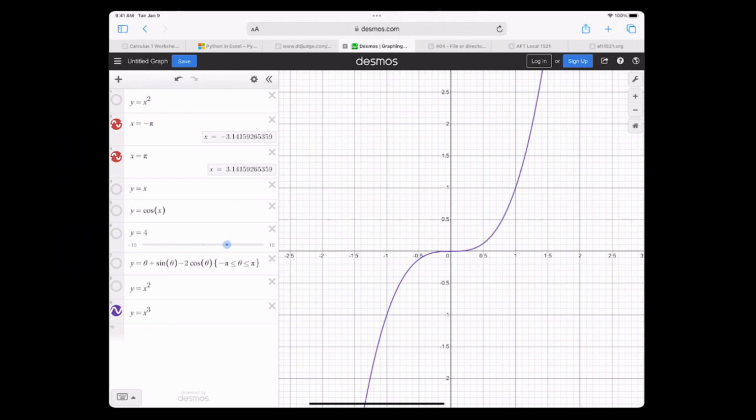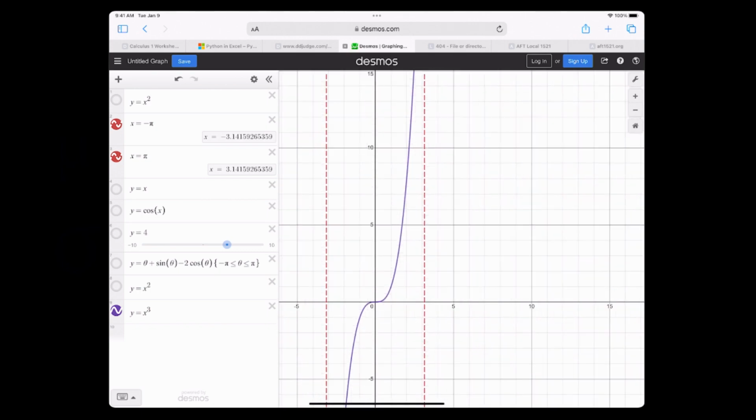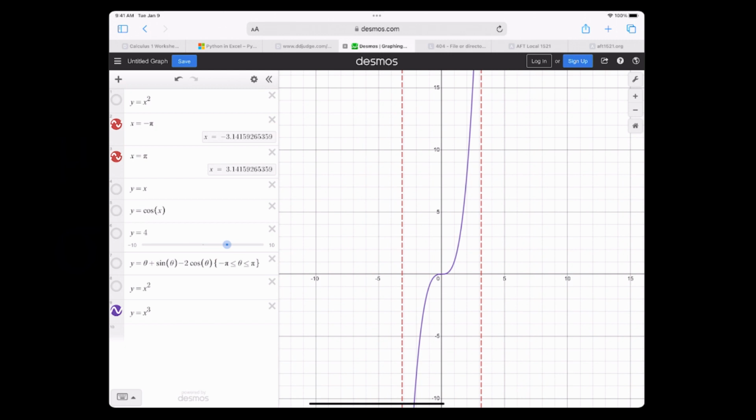And that's why this area under the curve, if you did x cubed from any symmetric interval, even if I kept negative pi to pi, there's an equal area under the curve to the right that's positive as to the left of that 0. It's the same area value, but it's negative. It's below the x-axis. So that's why that area will always be 0.